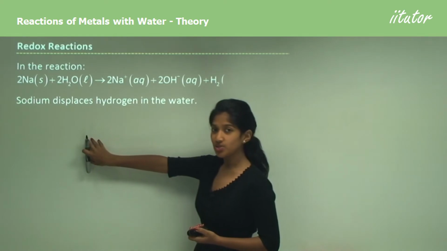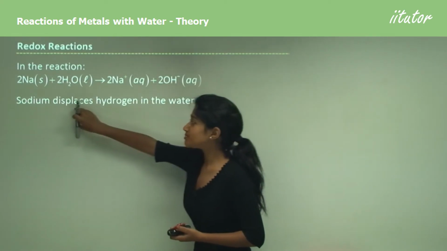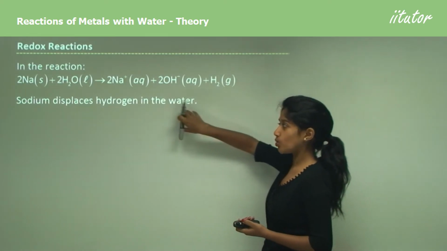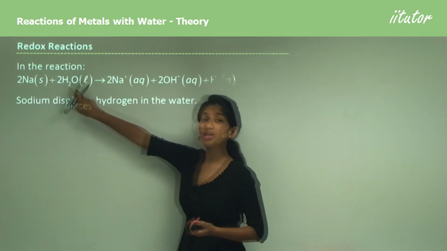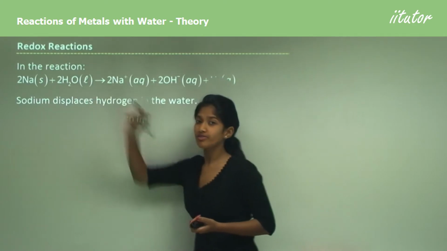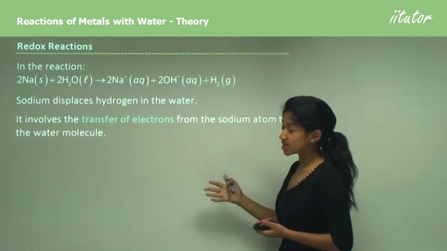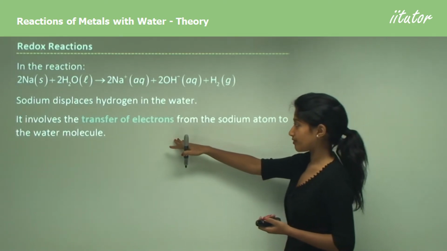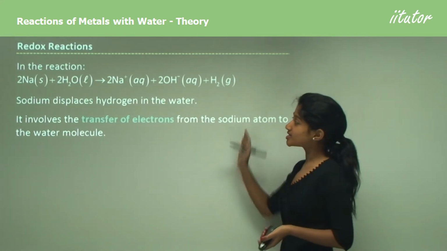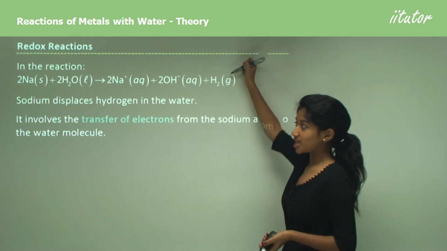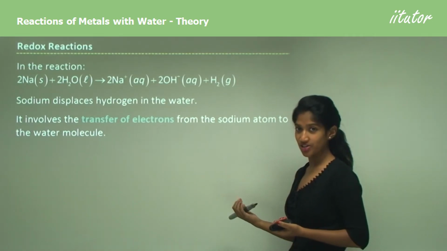In other words, the sodium displaces the hydrogen in the water, so the sodium ion gets attached to the hydroxide part of the water. This involves an electron transfer from the sodium atom to the water molecule, making this a redox reaction.